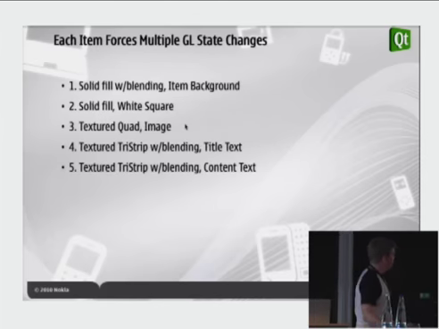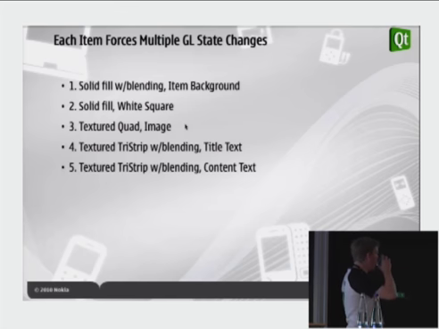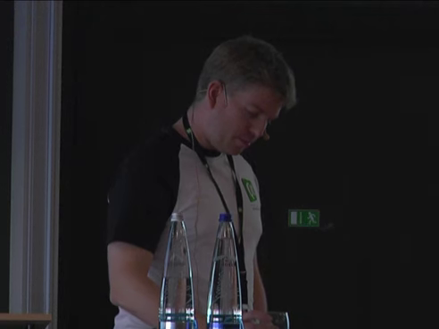And another problem is that the GL hardware is typically set up so that you build a state pipeline, a pipeline of stuff to do, and then you give it tons of data, and then you set up another pipeline and you give it tons of other data. While what we're doing is that we're first saying we're going to do a solid fill with blending.